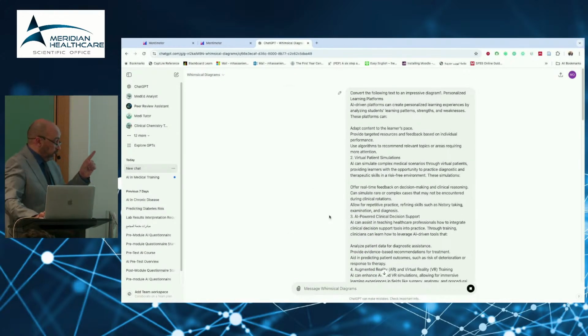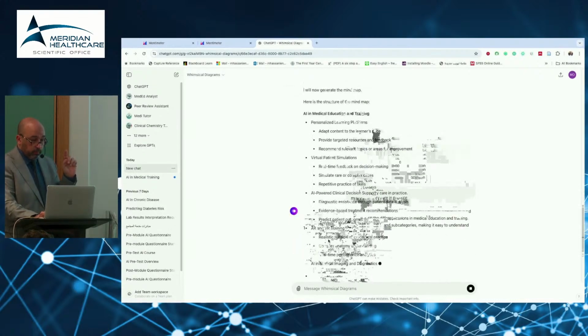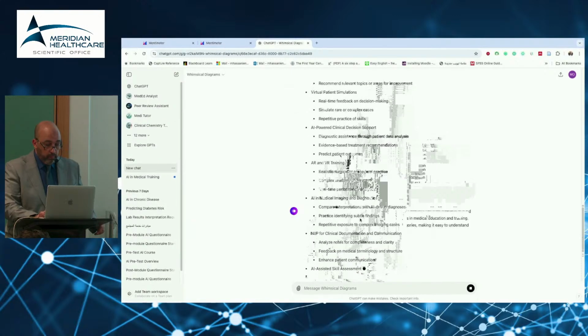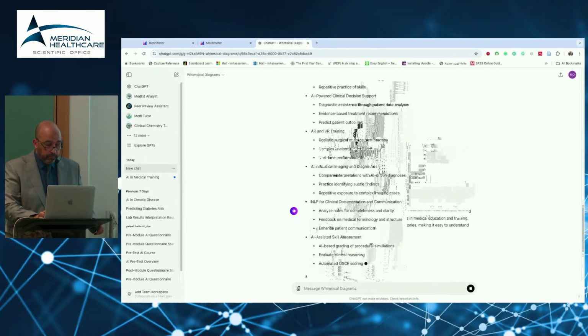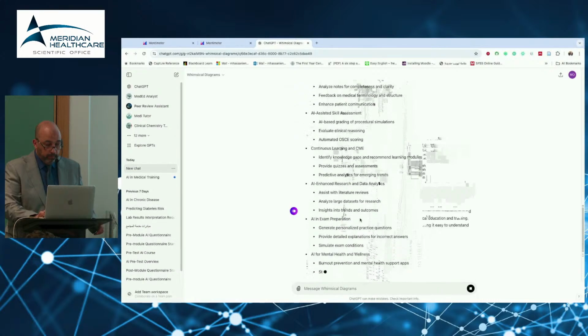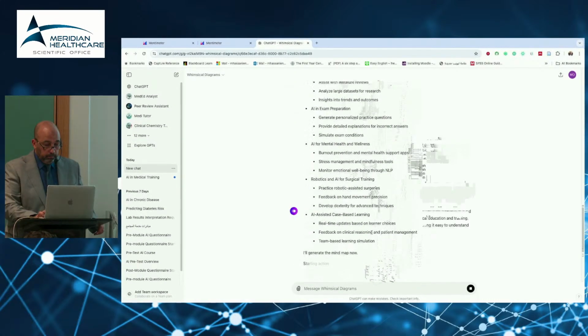This option also is in ChatGPT 4 only. It summarizes it at first, then it will form a mind map for it.